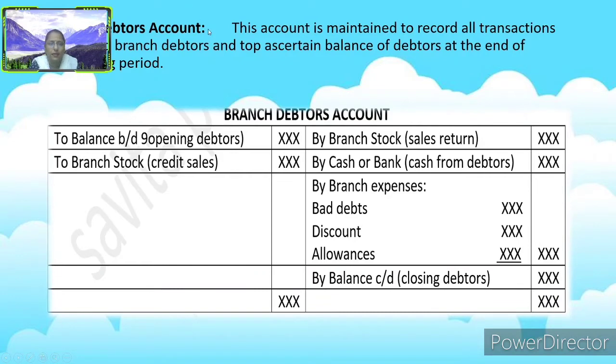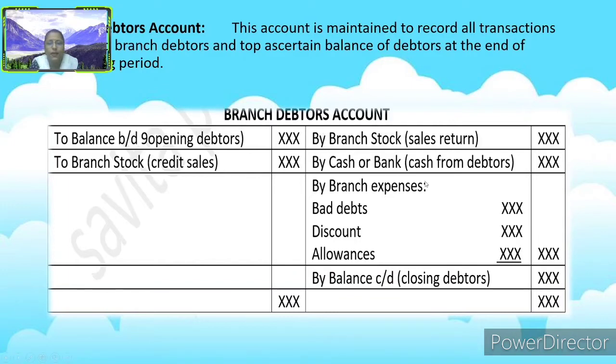Now the branch debtors account. This account is maintained to record all transactions relating to branch debtors and to ascertain the balance of debtors at the end of the accounting period. Here is how we prepare the branch debtors account, as under the first method, that is, while preparing the branch account.